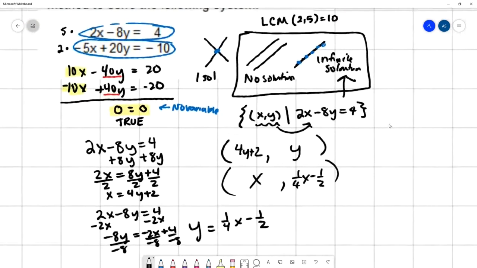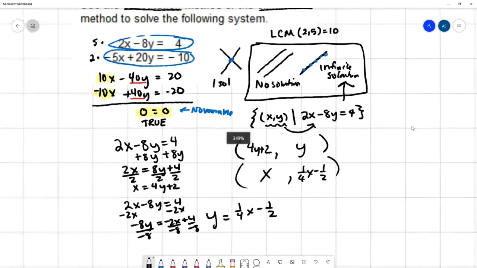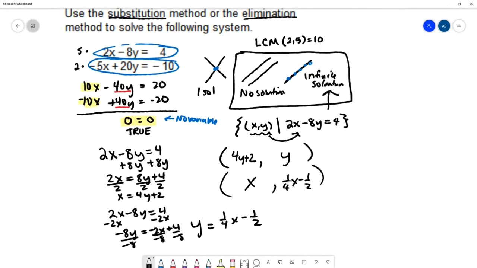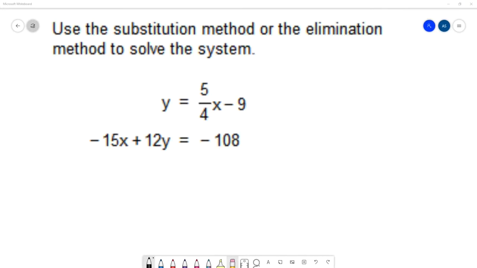So let me zoom out so you can see all of our work here. In this example, we want to use the substitution method or the elimination method to solve the system. The system is y equals 5/4 x minus 9 and negative 15x plus 12y equals negative 108.